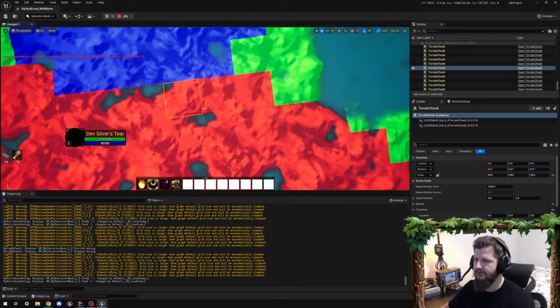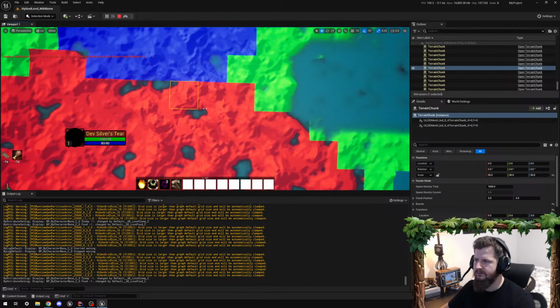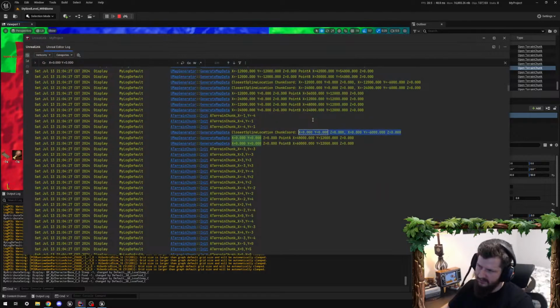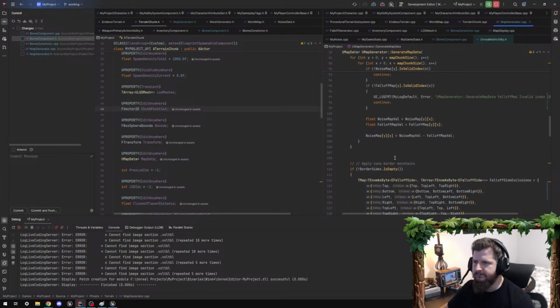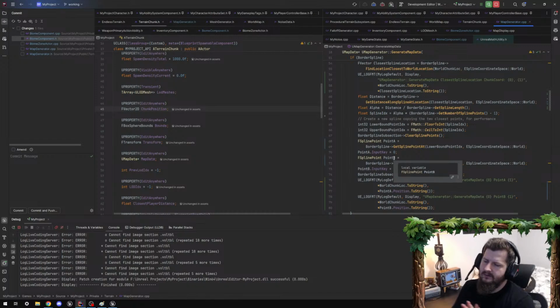It's like over here. So yeah, okay, so my math for determining the spline subsection to check is a little bit off.